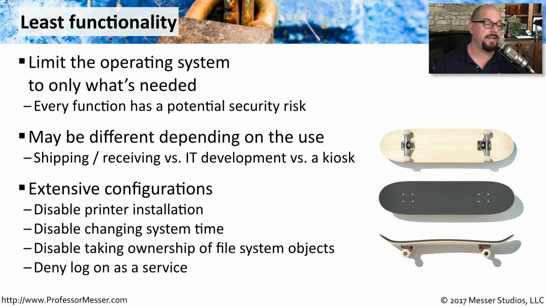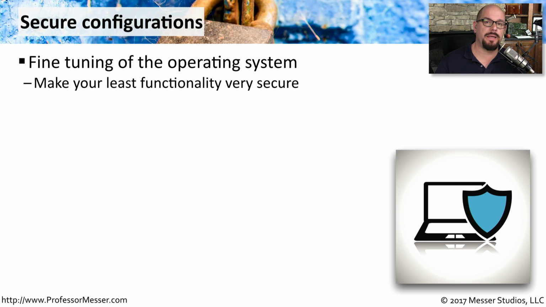If you want to tighten things down, you might disable printer installations, disable the changing of the system time on that computer, disable taking ownership of file system objects, and configure your system so that services are not able to log on to the operating system. You'll eventually begin to build a very fine-tuned secure configuration for your operating systems.